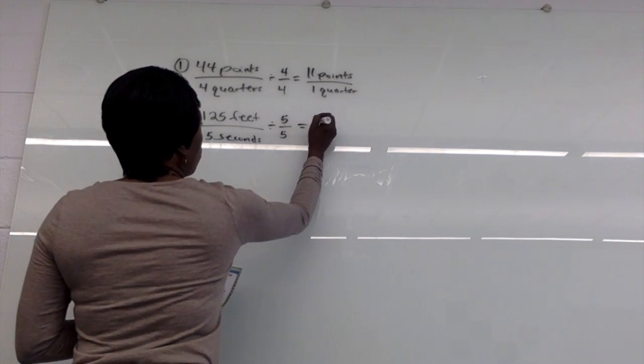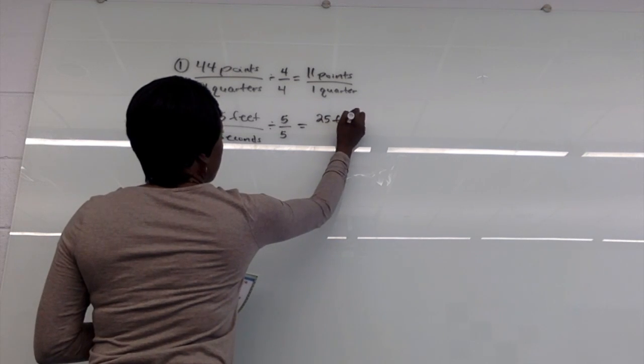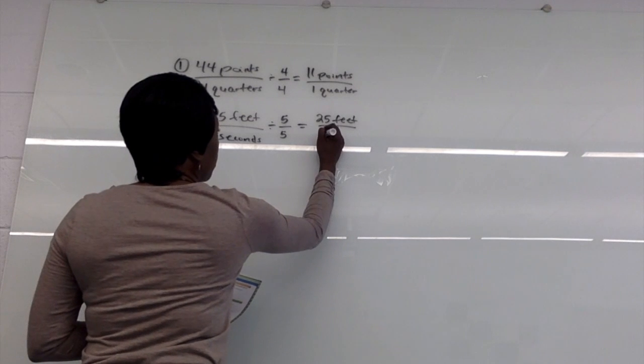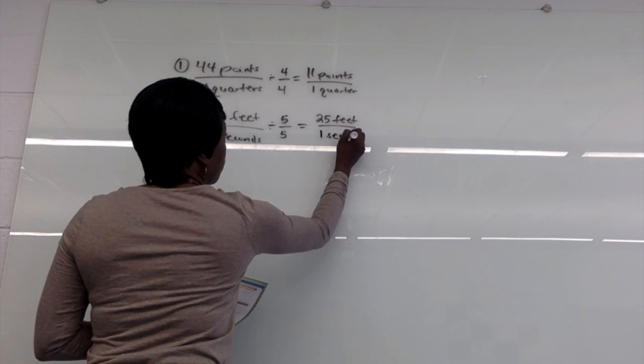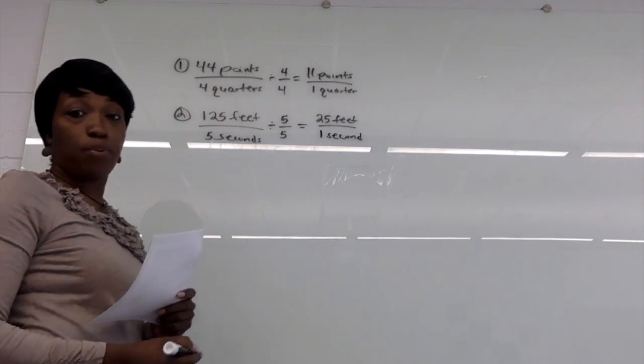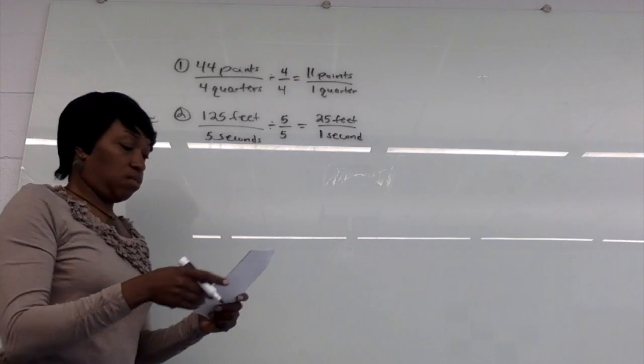When I divide my numerator, I get 25 feet. 5 divided by 5 gives me 1 second. So our unit rate again is 25 feet per second, or 25 feet to 1 second.